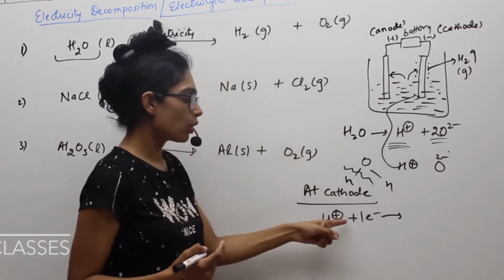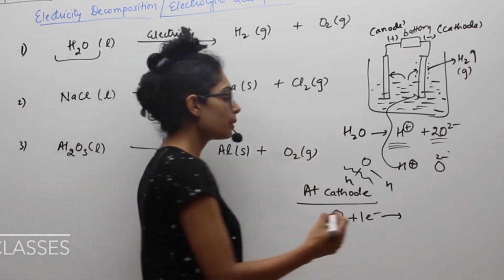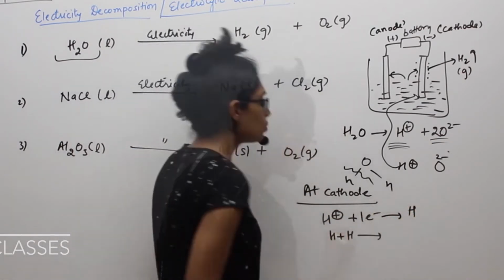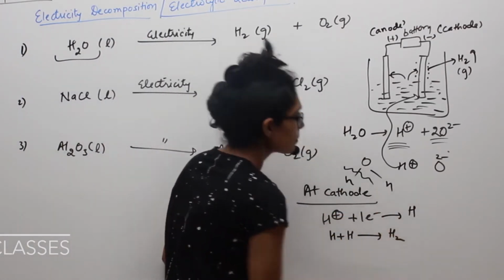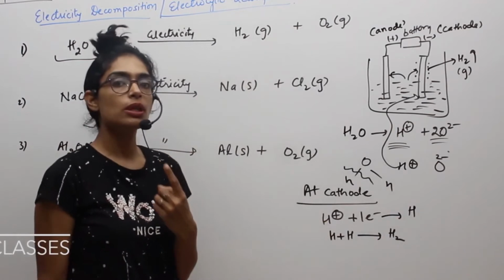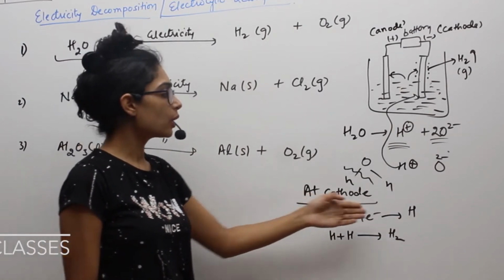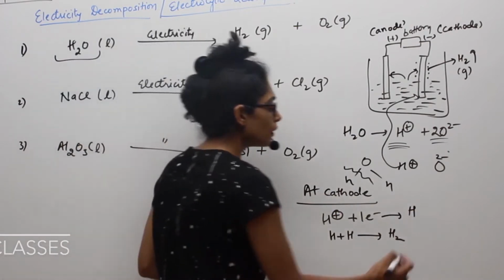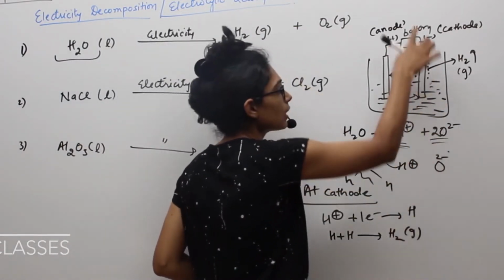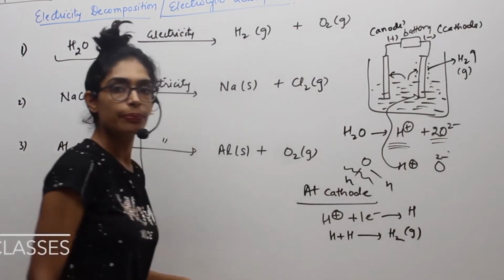Hydrogen had one electron less, so it will become a hydrogen atom. Two such hydrogen atoms will combine to form hydrogen gas, because obviously multiple H+ will go and get converted into hydrogen atoms. These hydrogen atoms will combine to form hydrogen gas and get released from the cathode side.